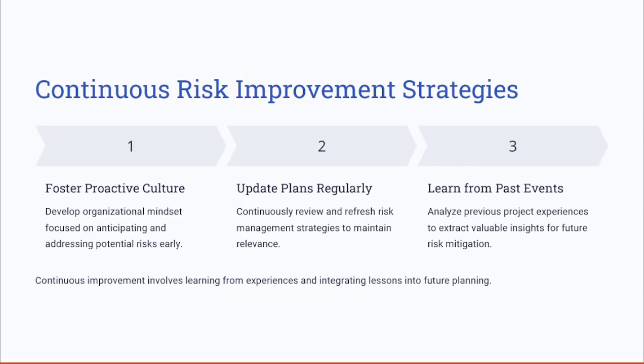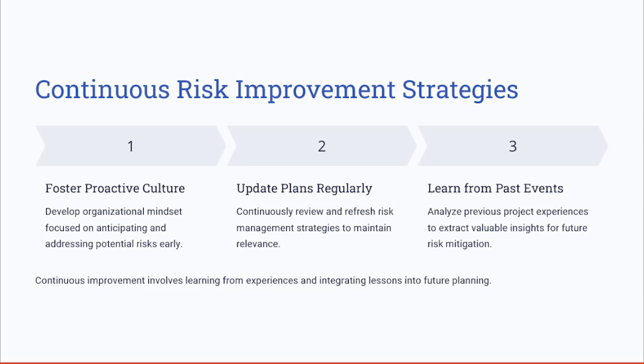Continuous risk improvement strategy. Continuous improvement in risk management involves learning from past experiences and integrating those lessons into future planning. So ensure that you learn from the past risks of previous projects that have a similar nature or scope.